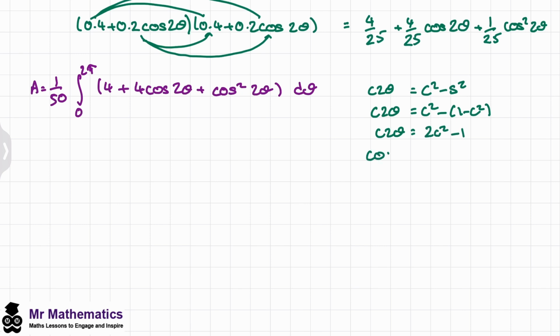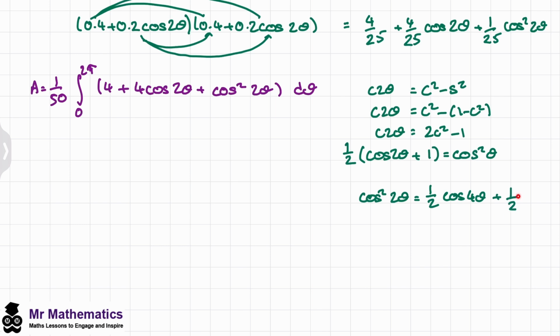So we get cos 2 theta plus 1. We'll divide both sides by 2, so we get 1/2 of that, and that will equal cos squared theta. But you can see here that we've got 2 theta, so we'll double this angle and we'll double this angle. So cos squared 2 theta will equal 1/2, then we'll multiply out these brackets, of cos 4 theta plus 1/2.